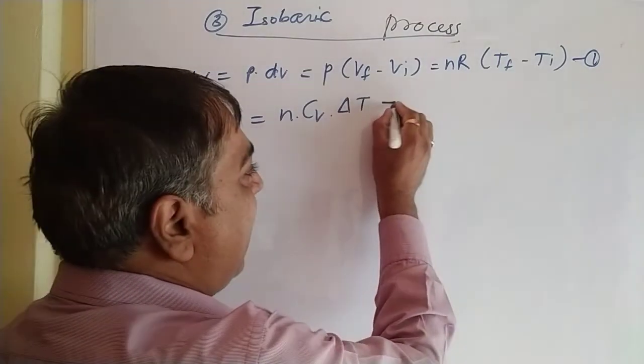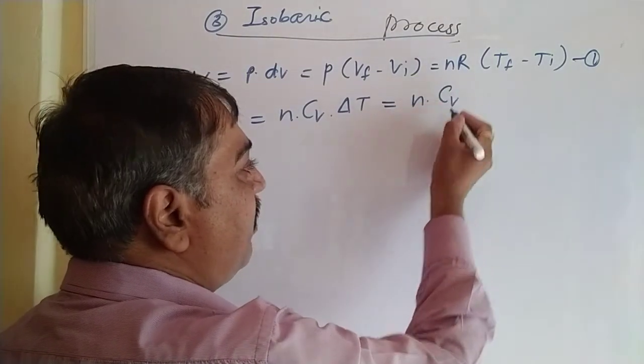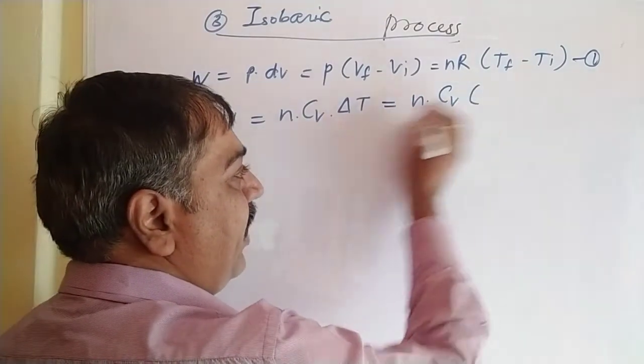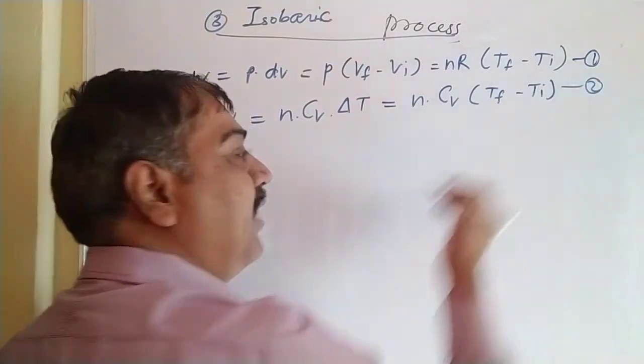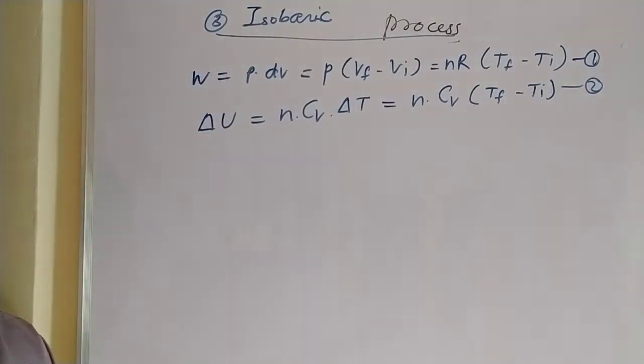We can write this as n into Cv, where Cv is specific heat at constant volume, and ΔT is final temperature minus initial temperature. Suppose it is equation 2.